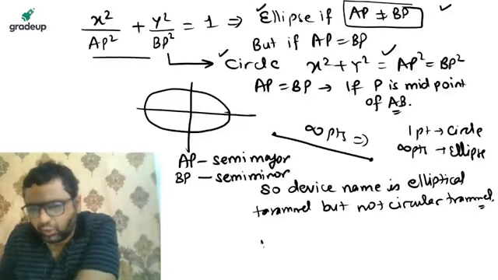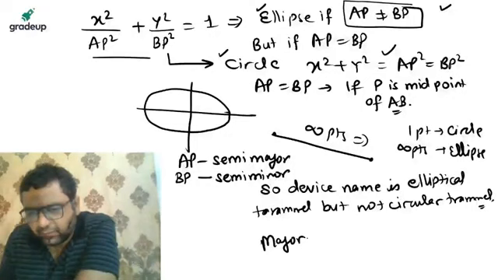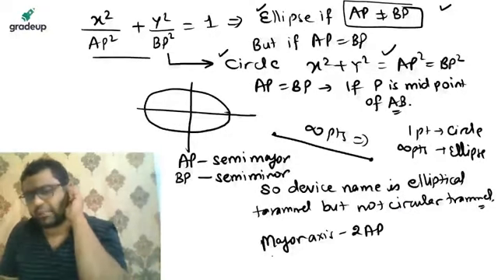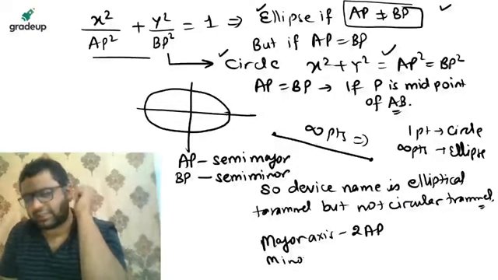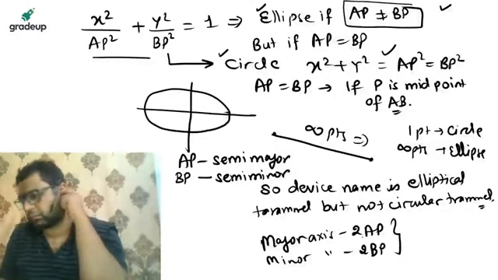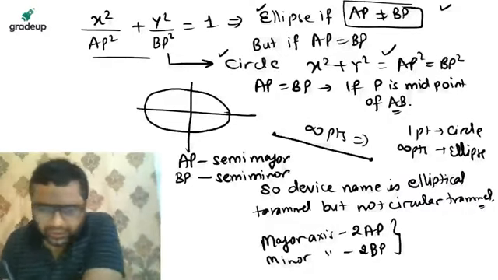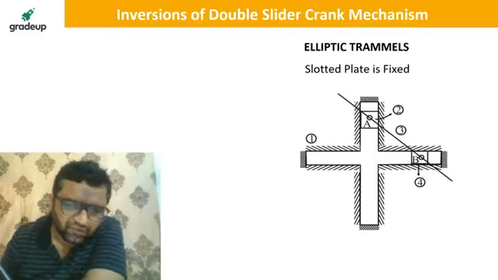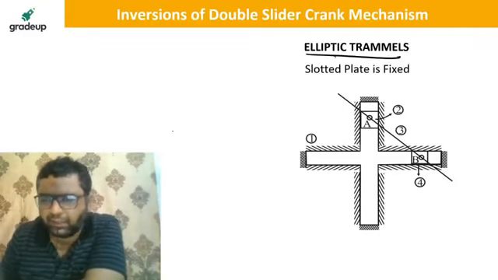If somebody asks you what is the major axis, then 2 times AP. What is the minor axis? 2 times BP. Okay, so this is the first inversion, known as the elliptical trammel.